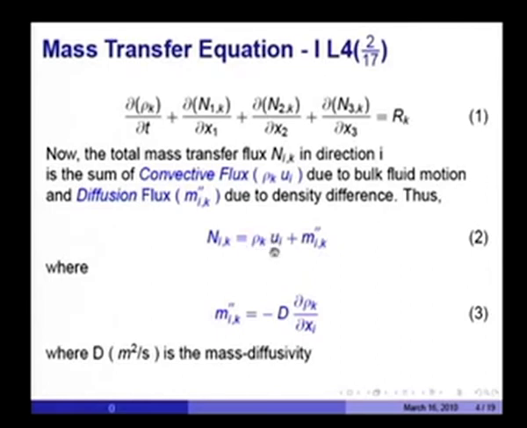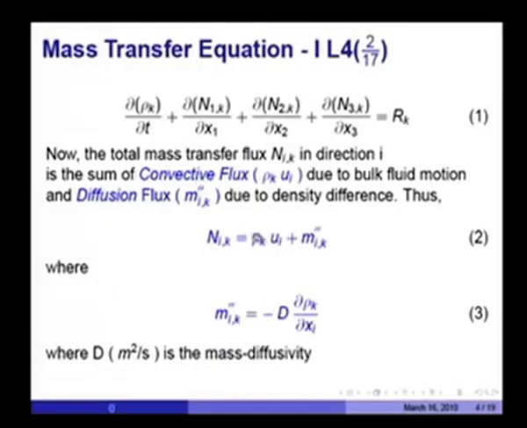Writing convective flux in this manner is indicative of the fact that we are assuming that each specie is being carried at the same velocity as the bulk fluid. The diffusion flux, on the other hand, arises simply due to the differences in density at neighboring locations.